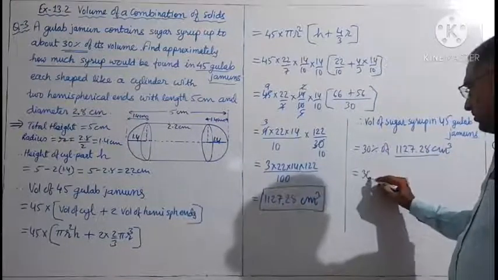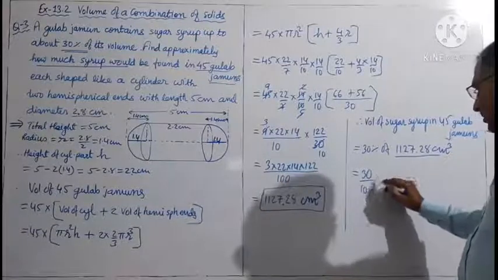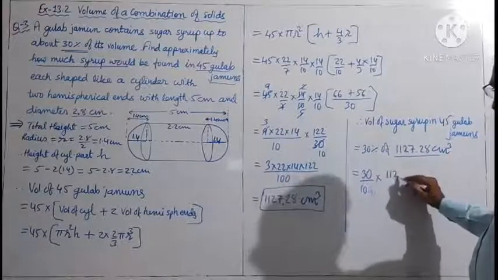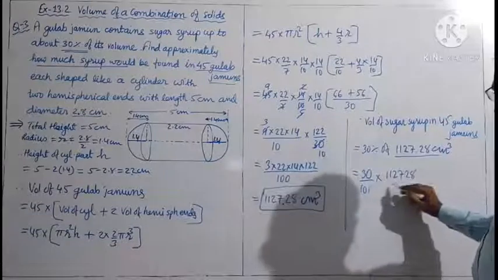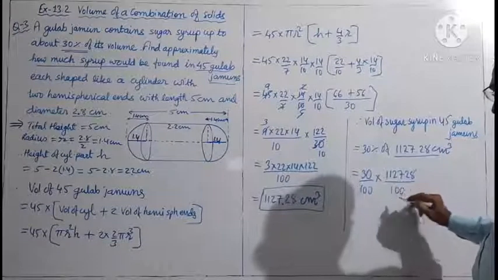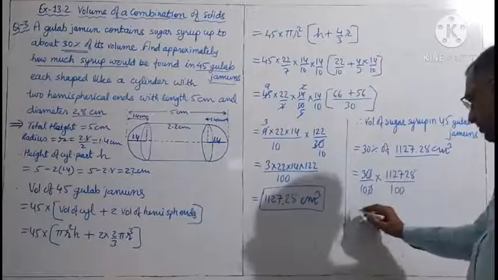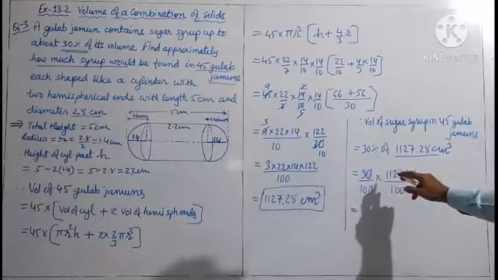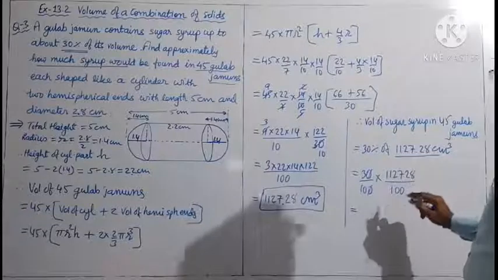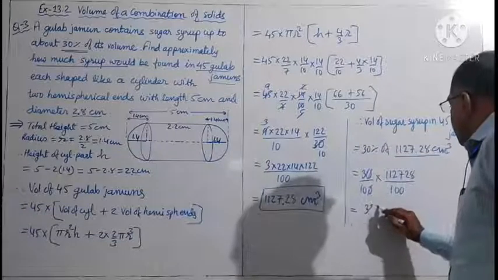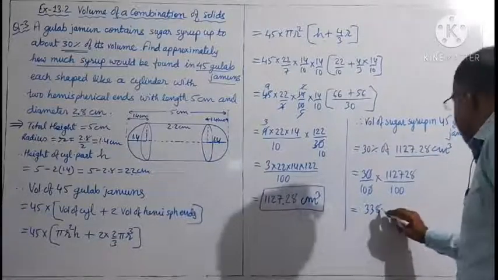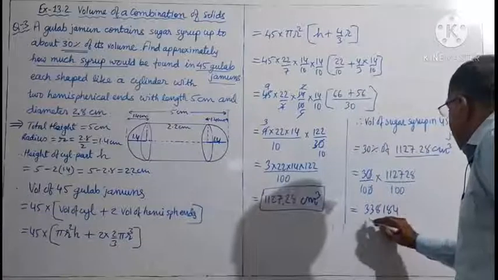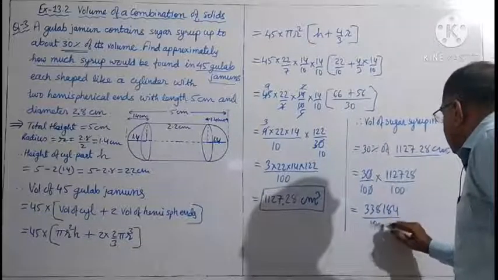That is 30 by 100 multiplied by 112728 divided by 100. Cut the common ones, the zeros, and thus we get 3 multiplied by 112728, and on multiplying we get 338184 divided by 1000.